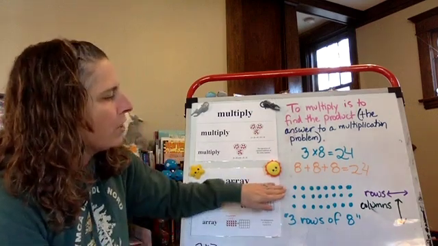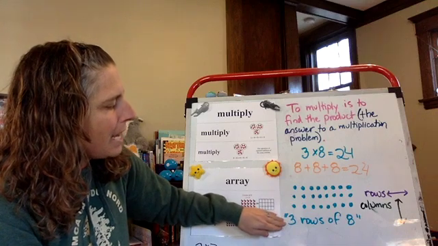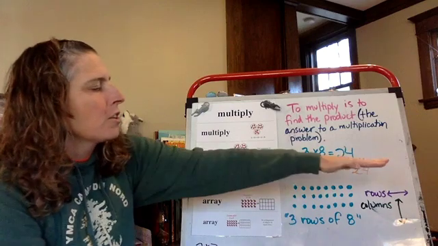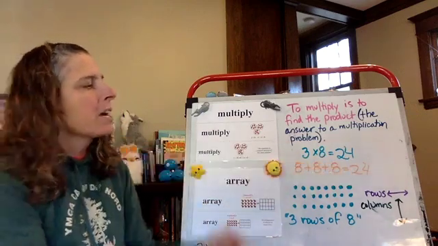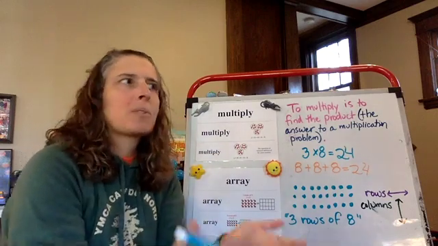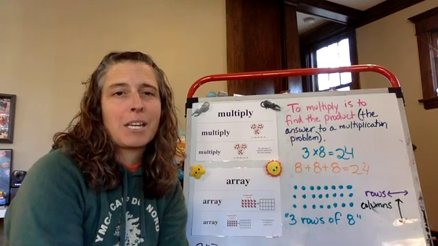When I arranged things in 3 rows of 8, I have 3 rows. You have to remember that rows go left to right, straight across your paper. Columns go up and down. The best way I can think about that is to look up a picture of columns on houses.